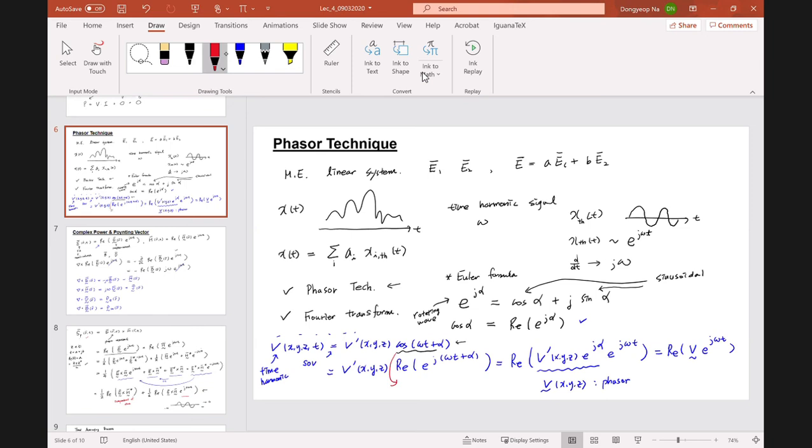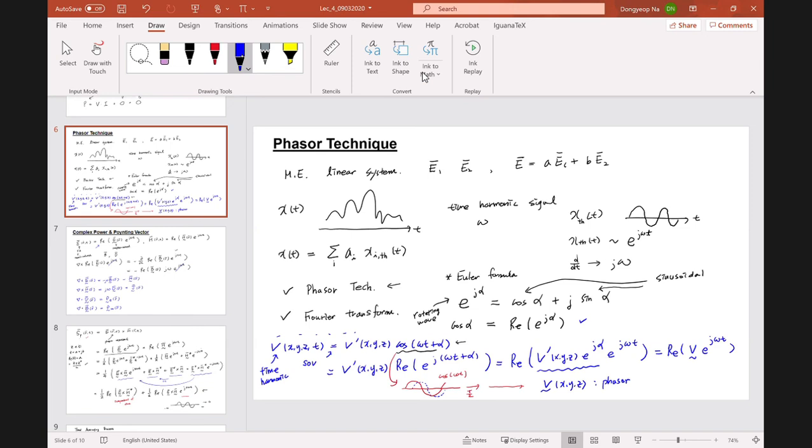For example, let's say this is the cosine function, cosine omega t. If we choose alpha as 90 degrees or pi over 2, it just translates that cosine function.